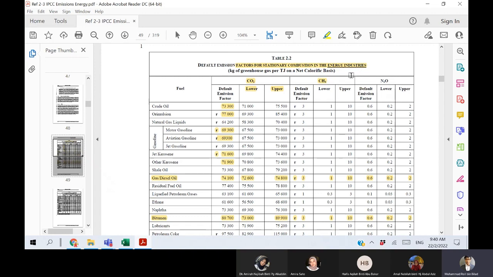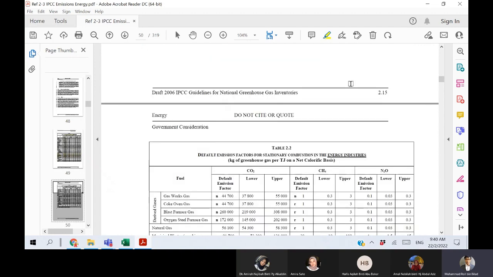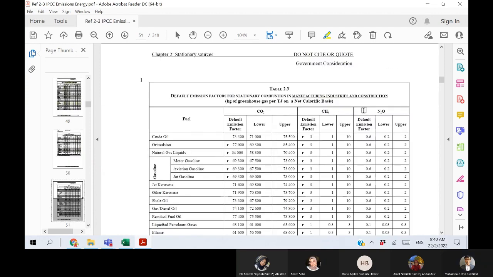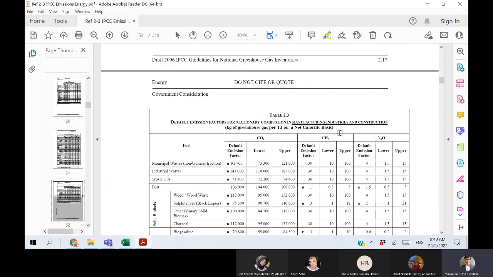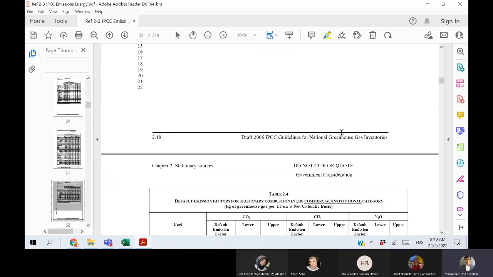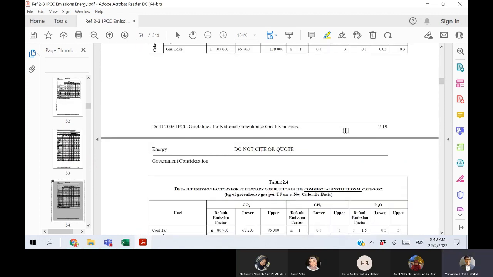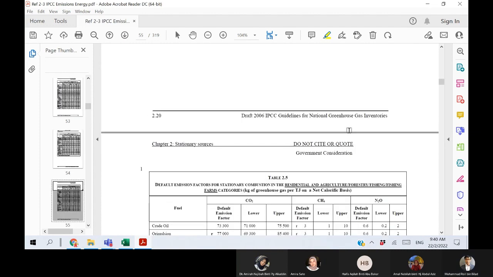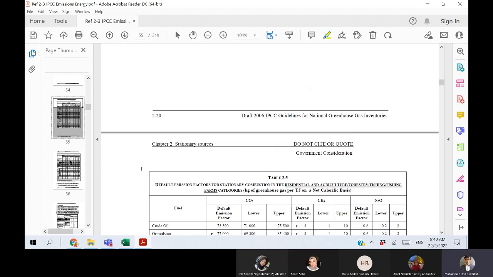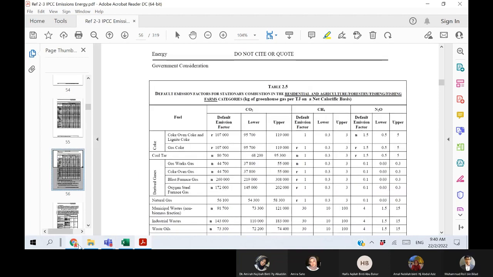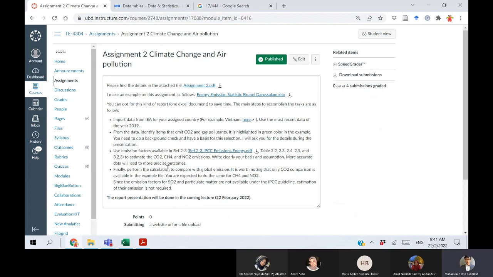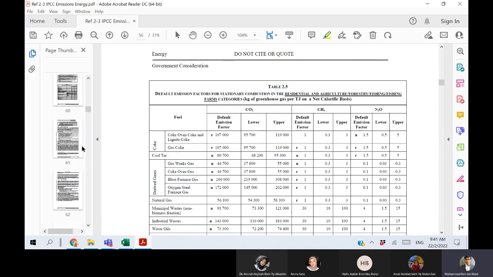So remember, this is energy industry. So I go to another table to get manufacturing, construction, transport. I'll try for not transport, commercial. I think I use another table, and table 3.2.3 is, I think, page 90.